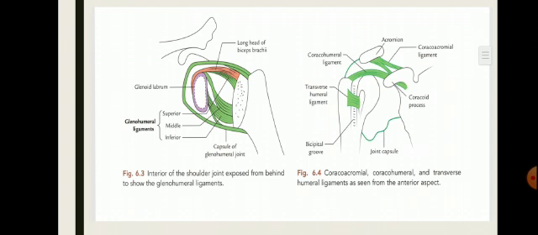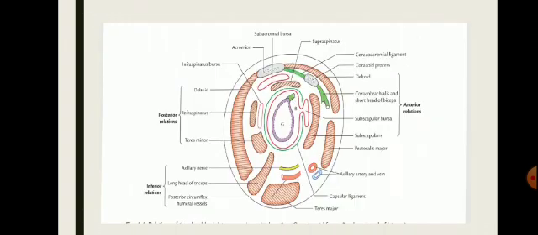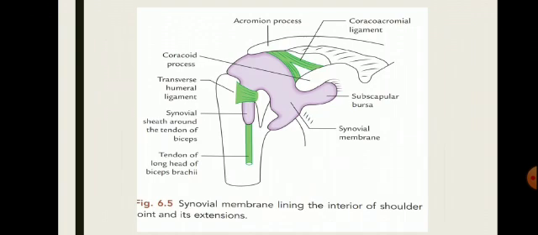Here, what are the structures that are enclosed? It encloses the tendon of the long head of biceps, the subscapular bursa, and another bursa, the infraspinatus bursa. That is not visible here.